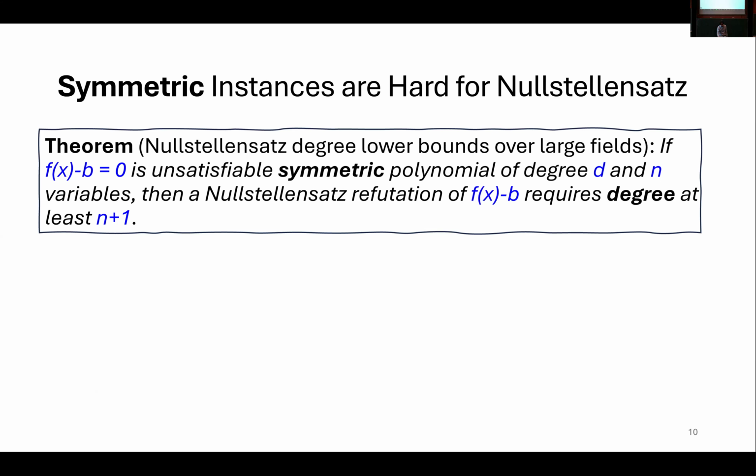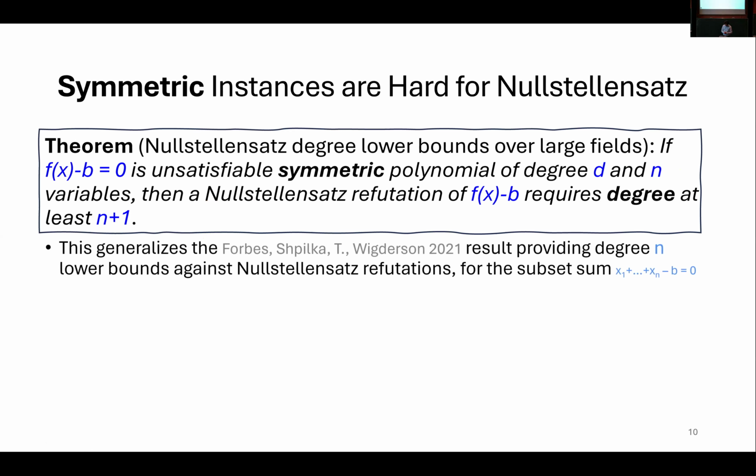Even if this F(x) has degree d, to get the refutation you need degree n plus 1. So even if you start from a symmetric polynomial of constant or logarithmic degree, you have to go up to about linear degree to get the refutation. It will be even harder if it is satisfiable.